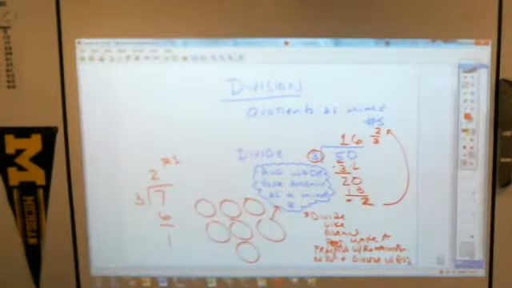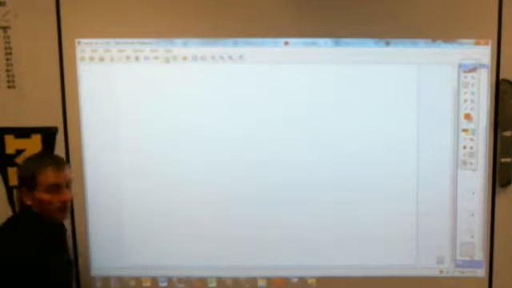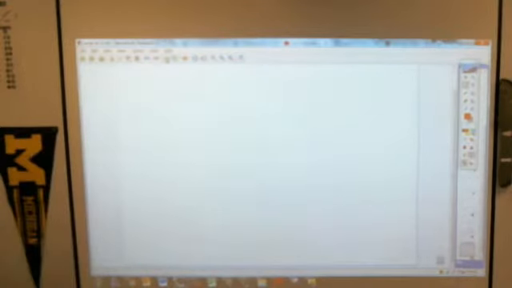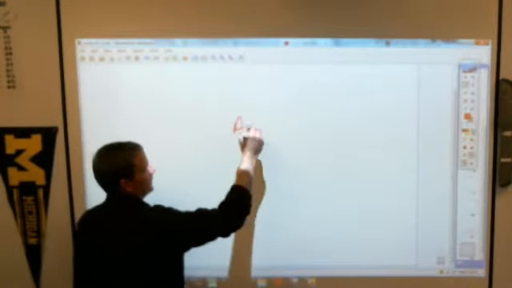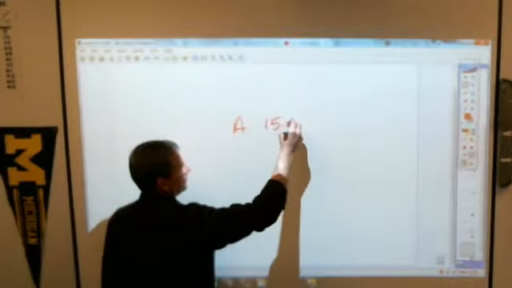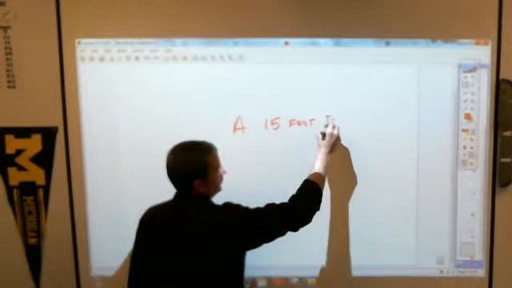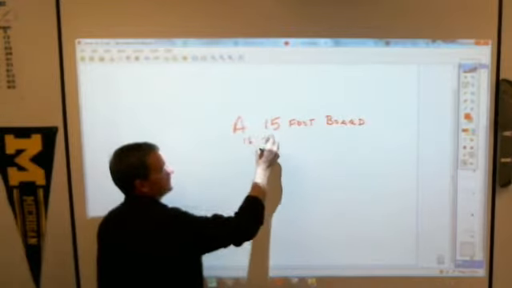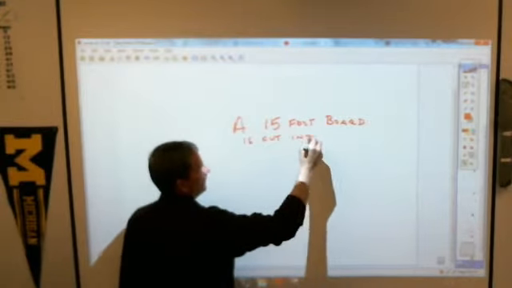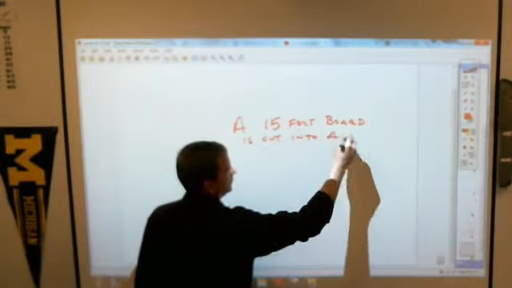Ready? Here's the problem we have to do right here. A 15-foot long board, for those of you who are going to be carpenters, is cut into 4 equal pieces.